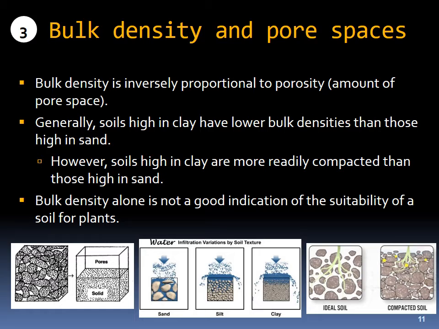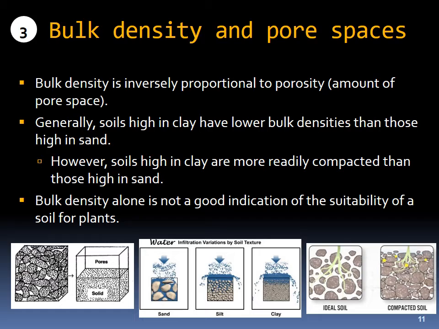Now imagine that you added compaction. Which one is more compacted, the sandy soil or the clay soil? Of course the clay soil, as you remember from the previous lecture, its properties make it more prone to compaction. And imagine that you increase the compaction, now you have compacted these soils.